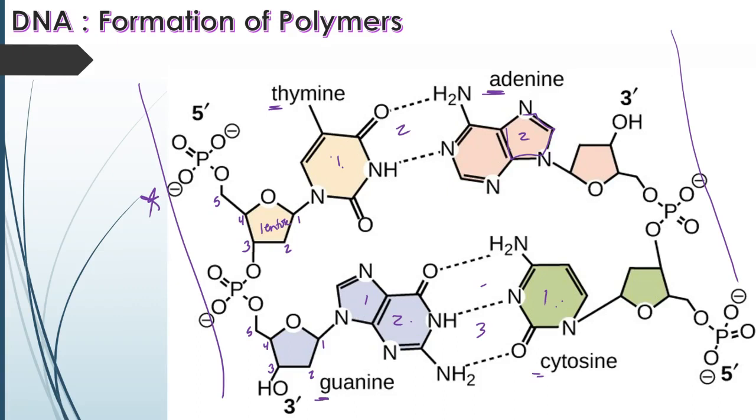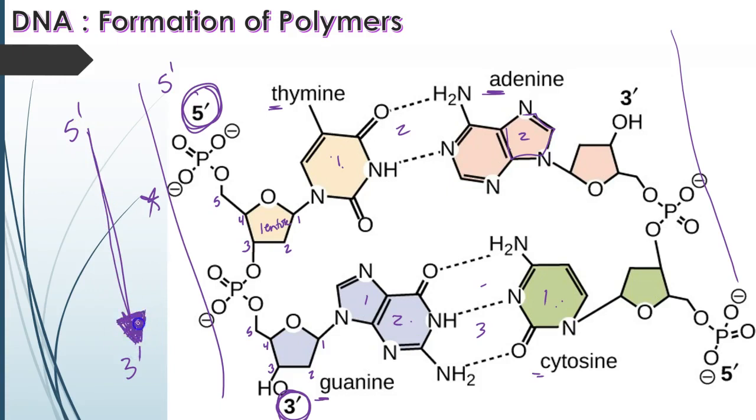I know it's kind of hard to see because all of these run together, but this right here is referring to the 5' end of this DNA molecule. And down here, 3', this is the 3' end of this molecule. So if we look at the DNA molecule as a whole, it's running 5' to 3' in this direction.